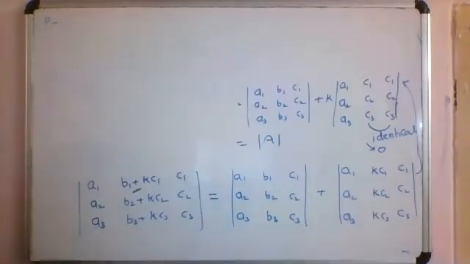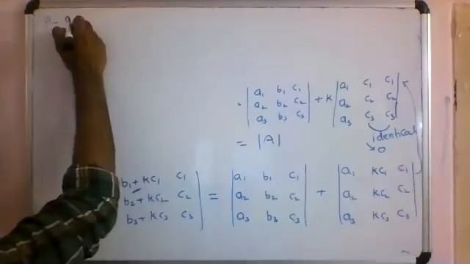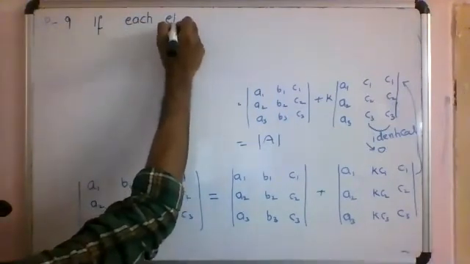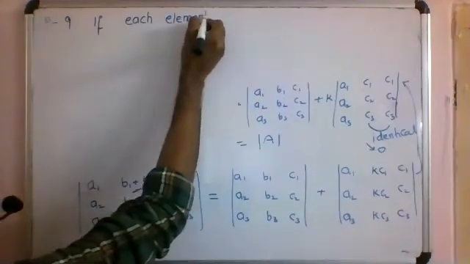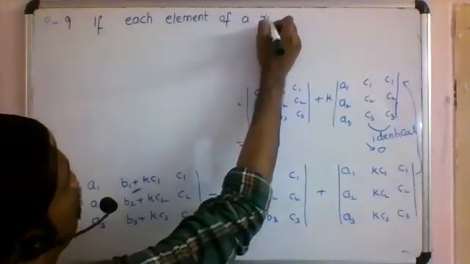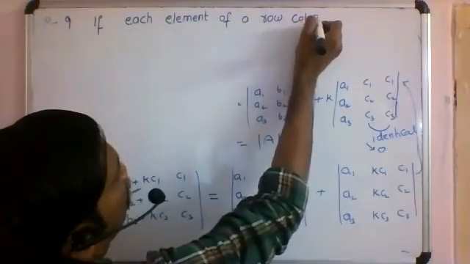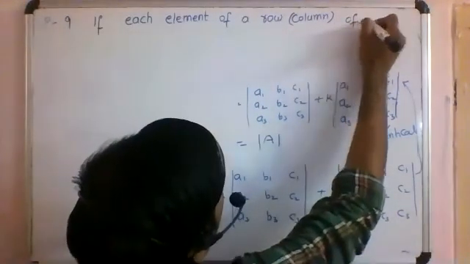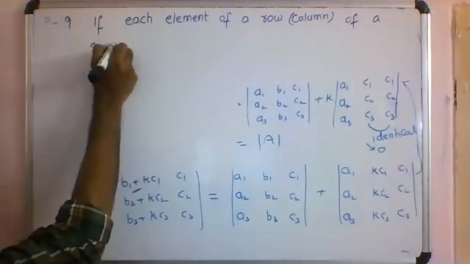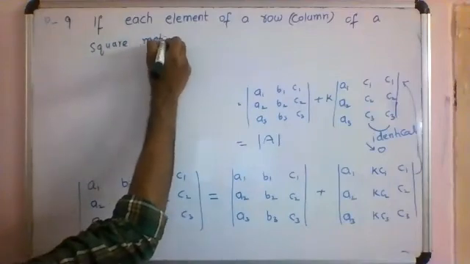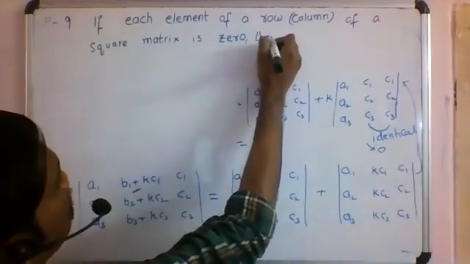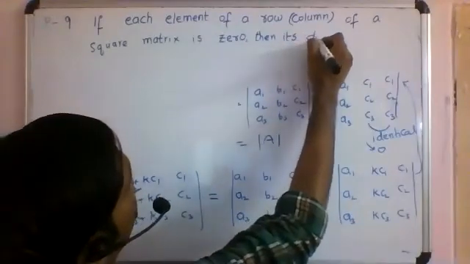Property 9, this is very easy: if each element of a row or column of a square matrix is 0, then its determinant is 0.